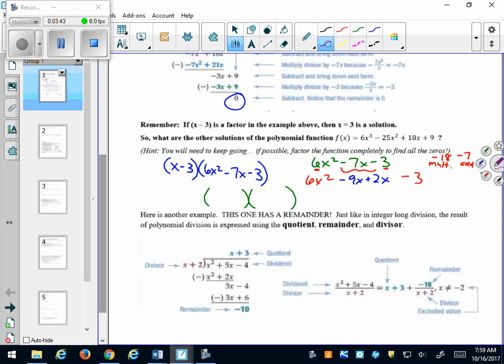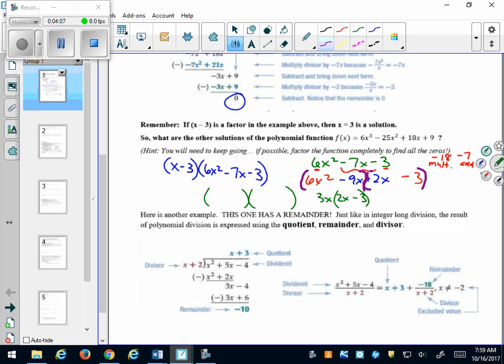And now we can kind of, you know, factor by grouping. Take out a greatest common factor, and that would be 3x squared. Sorry, 3x only, 3x. And that leaves us with 2x minus 3.